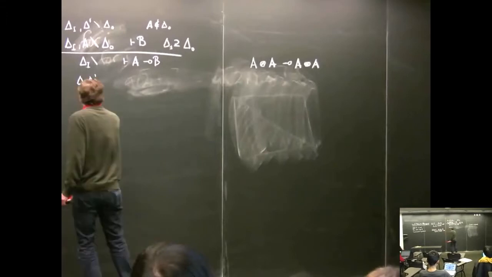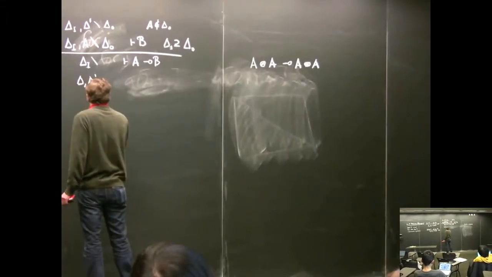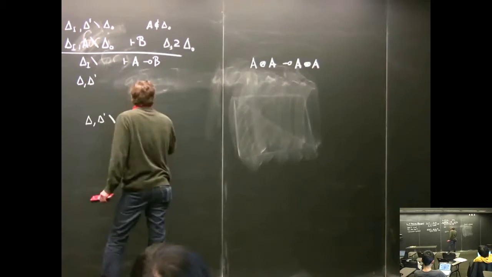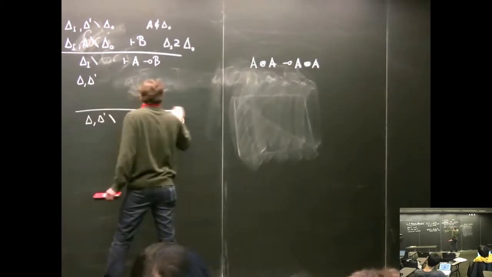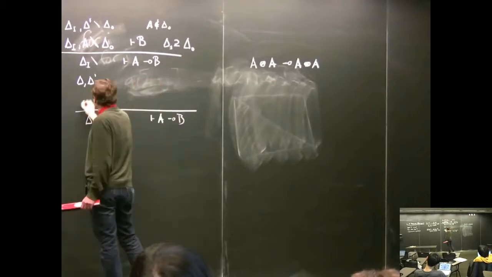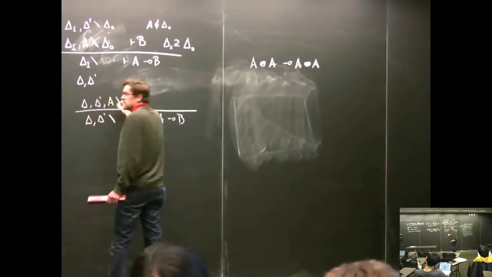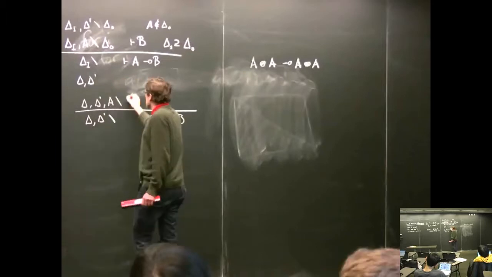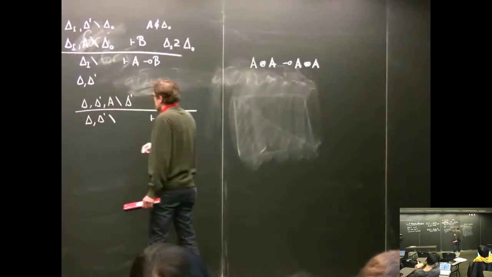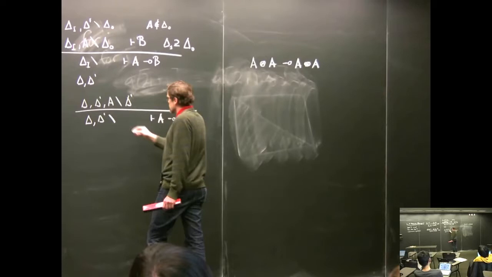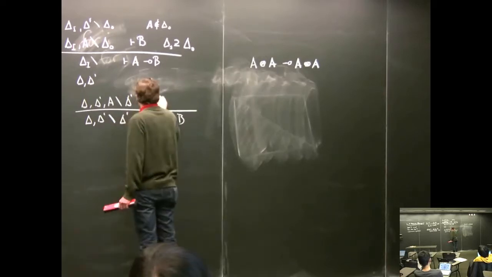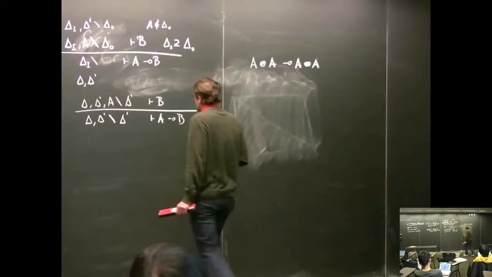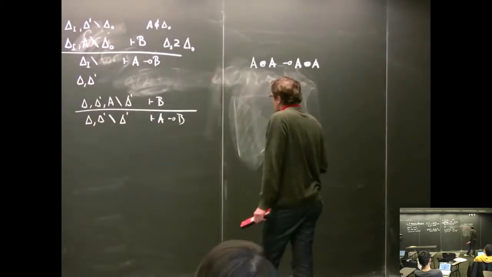So we have delta prime, A, B. Okay, and then, okay, delta prime in front upside, and on the bottom, delta prime. Okay.